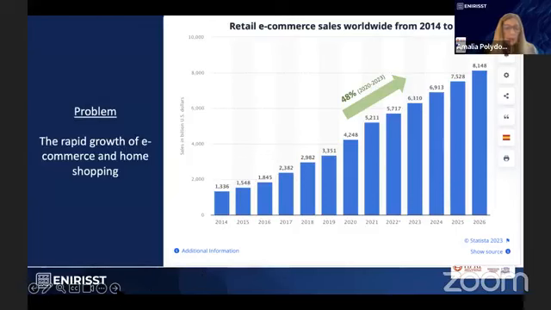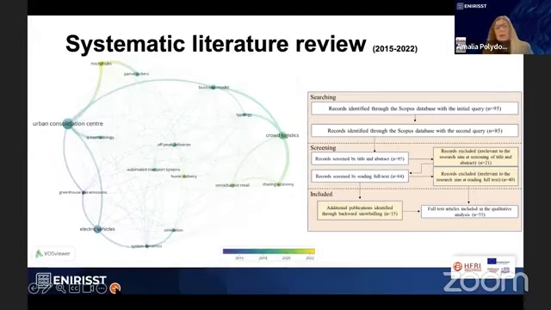So we tried to conduct a systematic literature review to see what topics are very important, so that we focus on these topics when we're developing this service in EN.I.R.I.S.T. And we found out that, for example, urban consolidation centers, electric vehicles, and crowd logistics are very important topics.